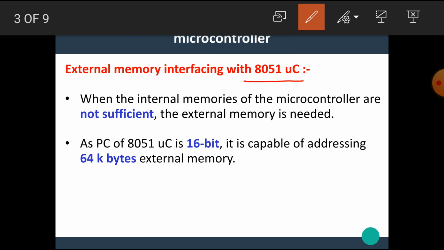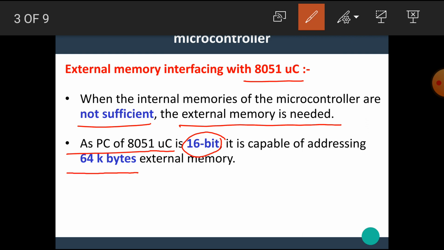When the internal memories of the microcontroller are not sufficient, then external memory is needed. As the PC of the 8051 microcontroller is 16-bit, it is capable of addressing 64 kilobytes of external memory.